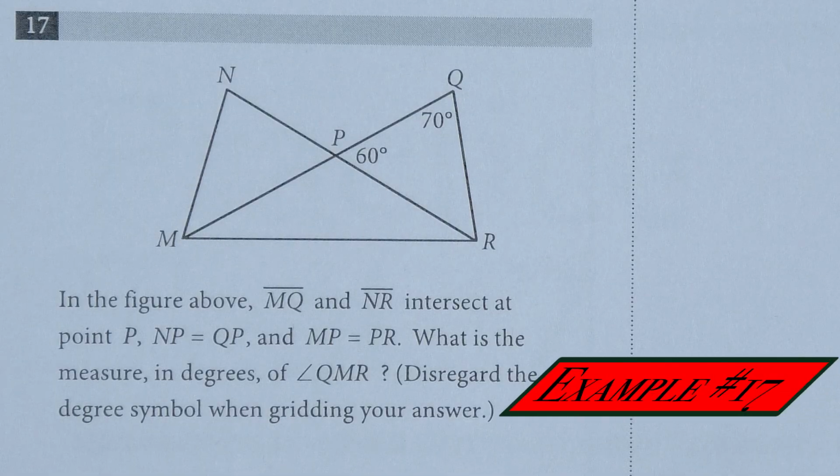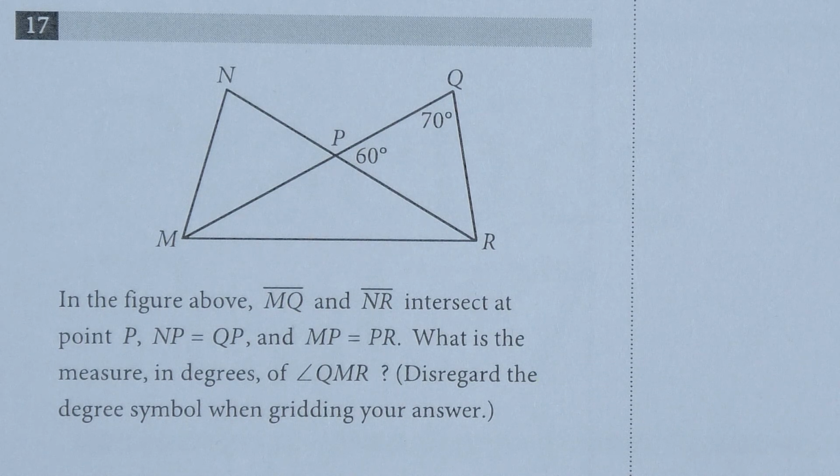In the figure above, MQ is equal to RN. Intersect at point P. NP is equal to QP, and MP is equal to PR. What is the measure in degrees of angle QMR? Disregard the degree symbol when gridding your answer.